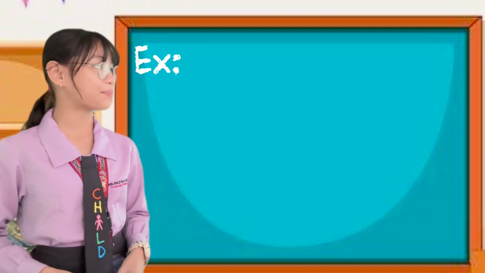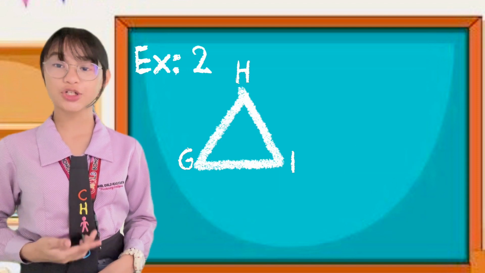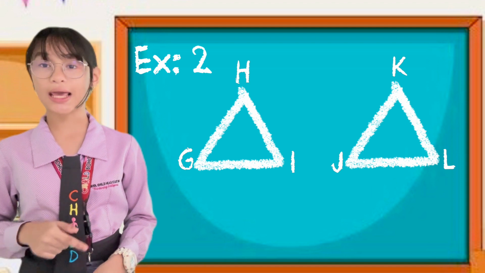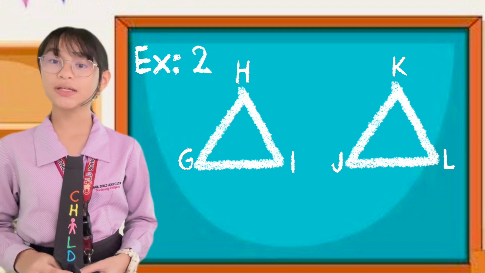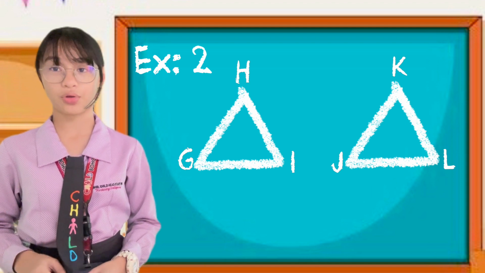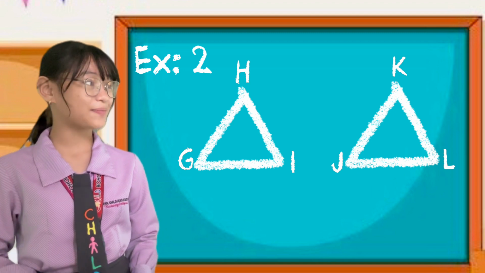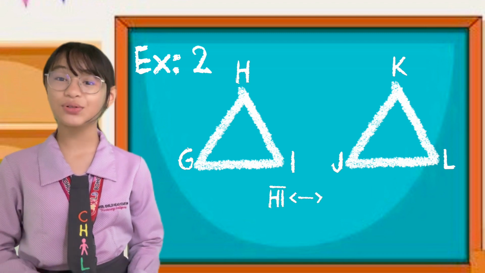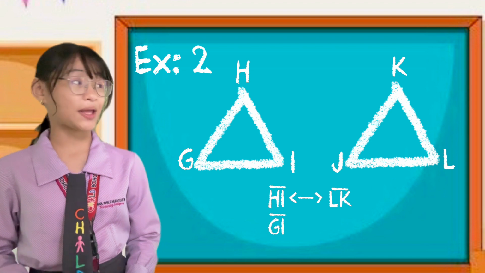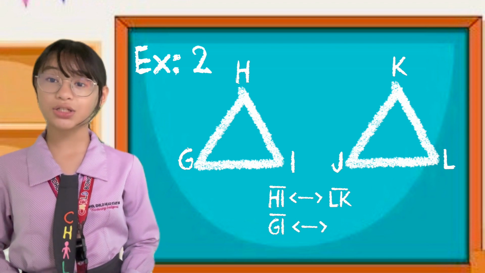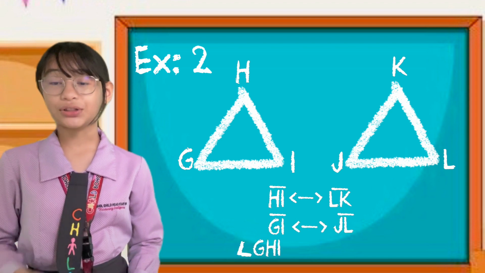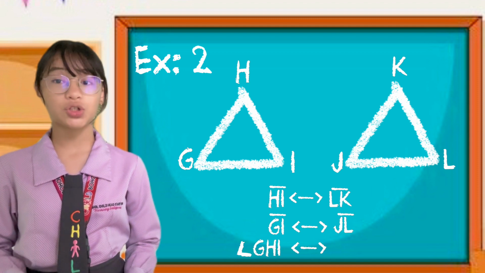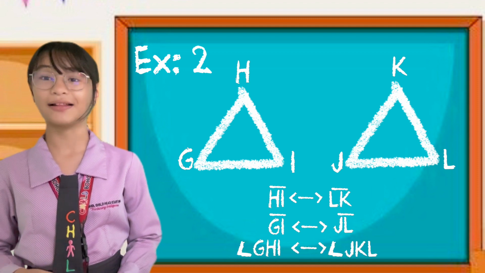Here is another example. We have triangle GHI and triangle JKL. Let us find the corresponding sides and included angle on both triangles. Side or segment HI corresponds to LK. Side or segment GI corresponds to JL. And angle GHI corresponds to angle JKL.